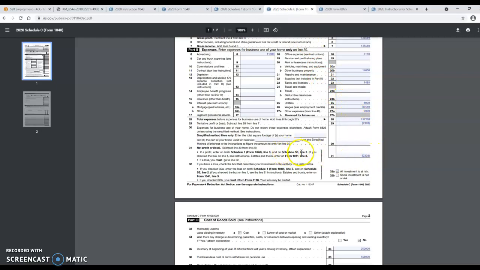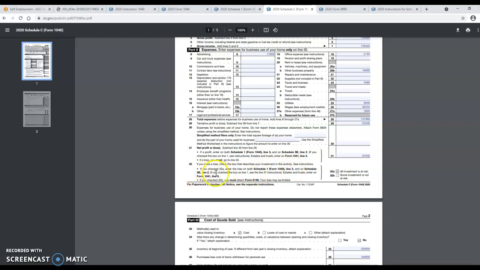And it also says to put it on Schedule SE, line 2. However, if there's a loss, which this was for a profit, you have to put it on Schedule SE, line 2. We have a loss, so we follow this here. We checked our box. We put it on Schedule 1, line 3.